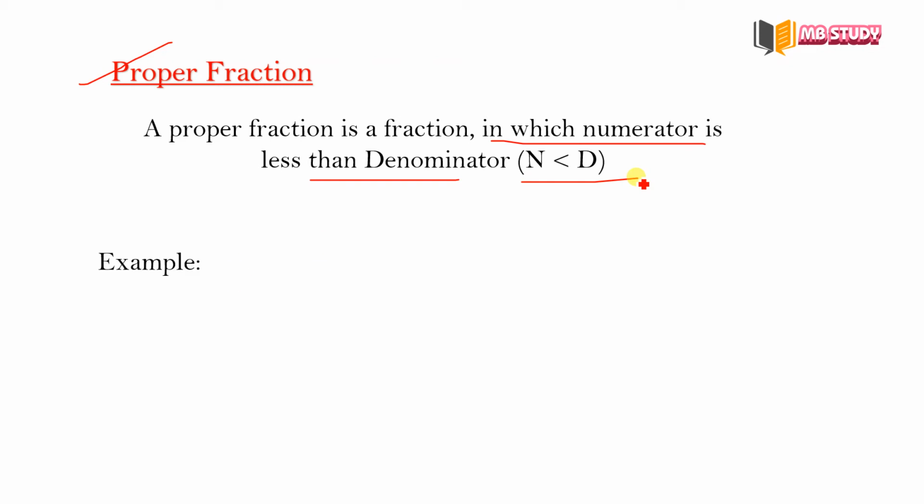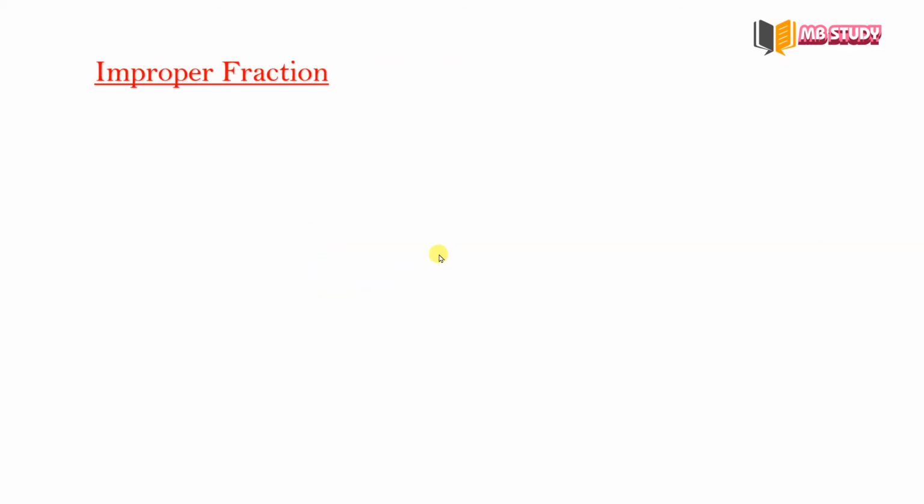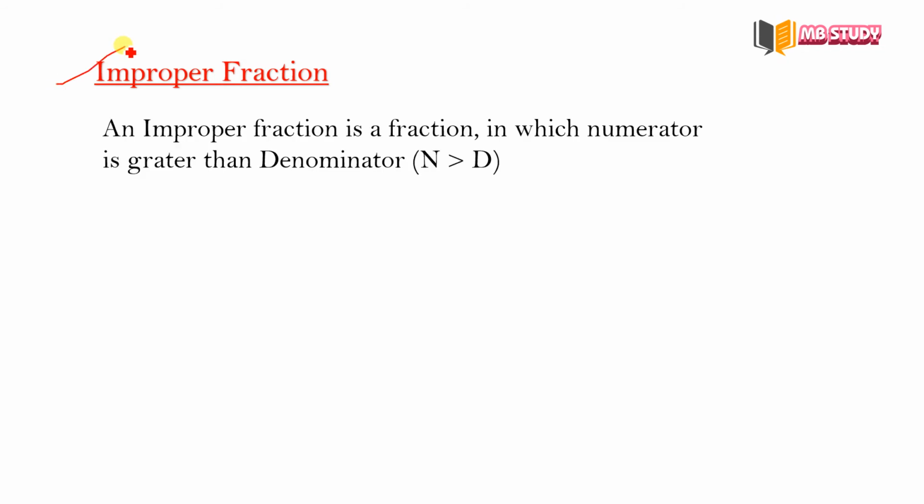Look at the examples. Here we have given 2 examples, 2 by 3 and 5 by 7. In the first example, 2 is numerator, 3 is denominator, 2 is less than 3, and in this example 5 is less than 7. Improper fraction: an improper fraction is a fraction in which numerator is greater than denominator.